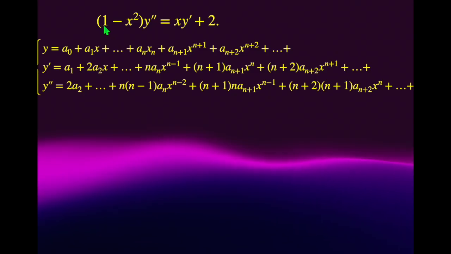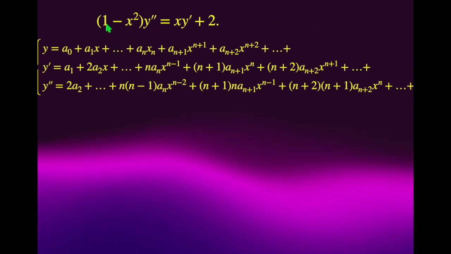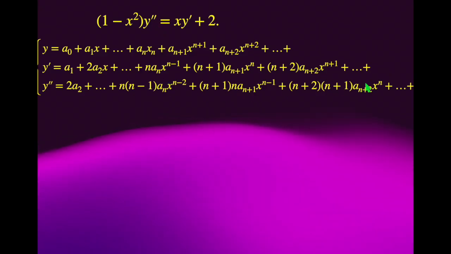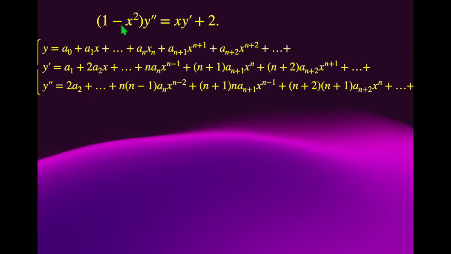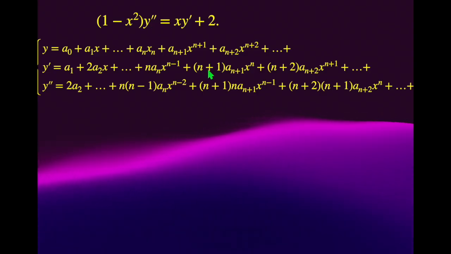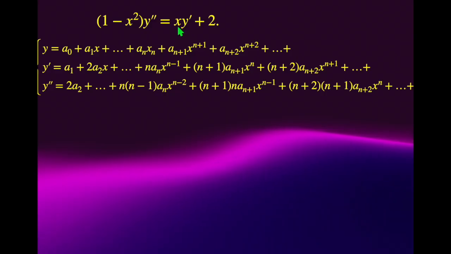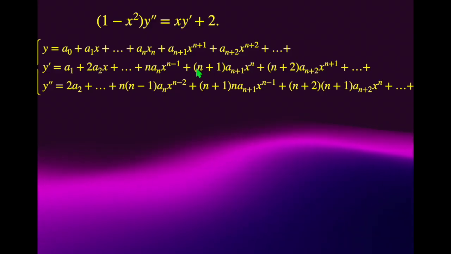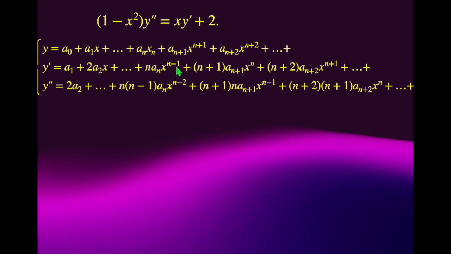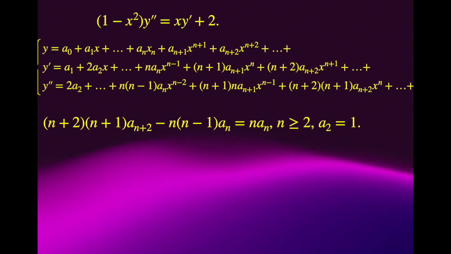Now if we multiply, we take the xn coefficient here, so we get the coefficient of the second derivative and this one, minus x square times the second derivative, so we take this one, minus, and we identify by x the derivative of y, and with this formula, we now get this relation between the coefficients of the power series expansion of y.